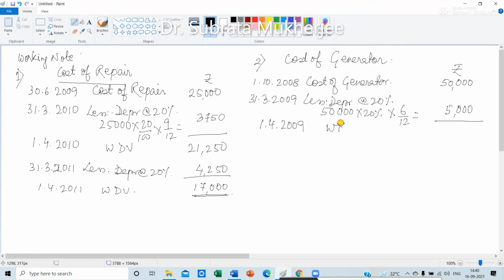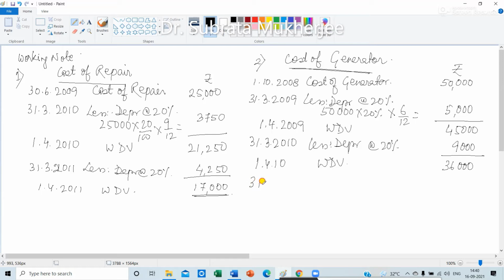Now on 31st March 2010, less depreciation at the rate 20% is 9,000. So 36,000 is the written down value on 1st April 2010 for this cost of generator.